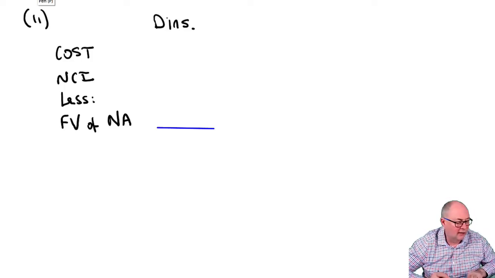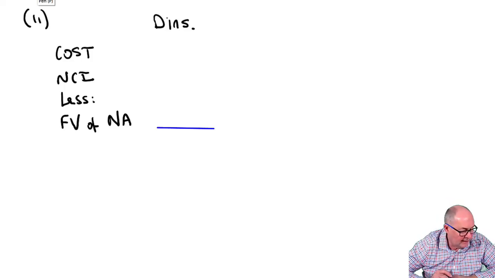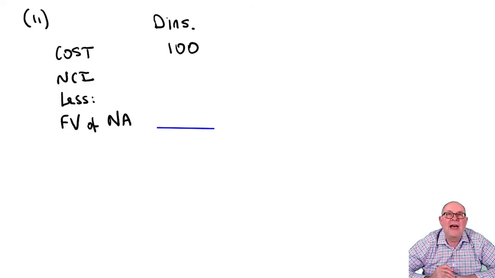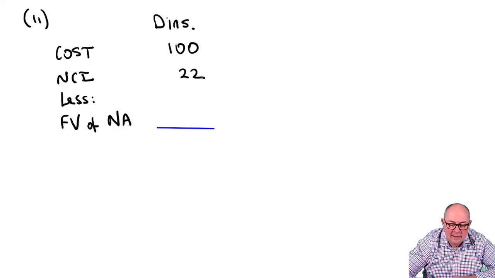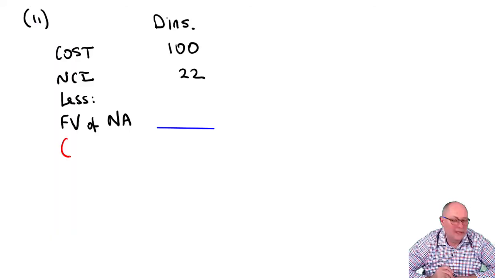Look back in the scenario, I can see that the cost of this investment was 100 million dinars. We're told that the fair value of the NCI was 22. Be careful with the net assets. We're told that the carrying value of the net assets was not the same as the fair value.